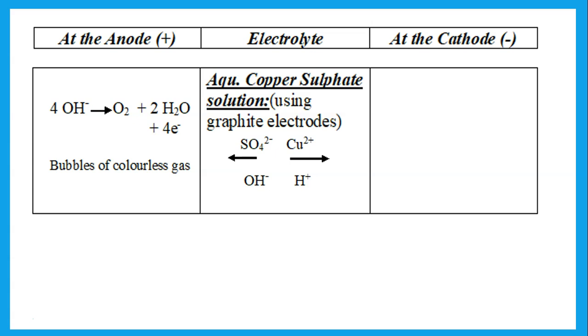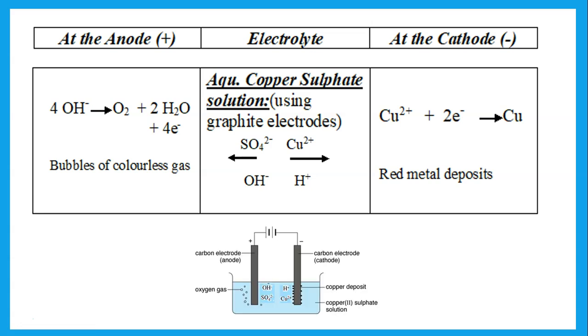It is the copper. So it is the copper ions that will gain electrons and become copper. And that means in the electrolysis of copper sulfate solution, the OH minus reacts and the Cu2 plus reacts.